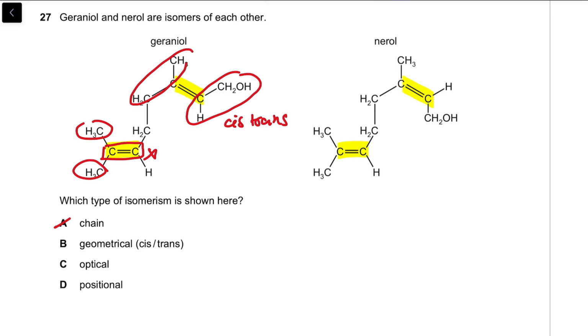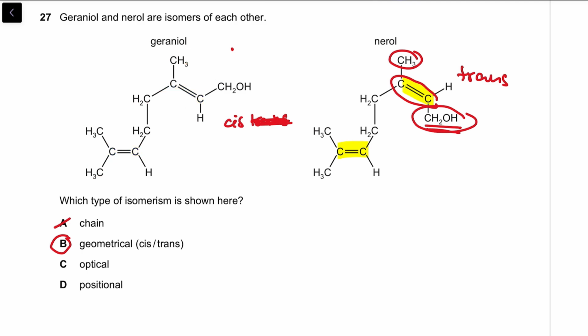If we look at that same carbon-carbon double bond here, you can see that there has been a switch. It has gone from cis to trans, because now the CH3 and CH2OH, the groups with heavier molecular mass, are on opposite sides. So the answer must be B. However, let's take a look at all the other options.